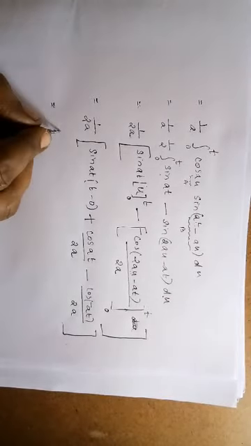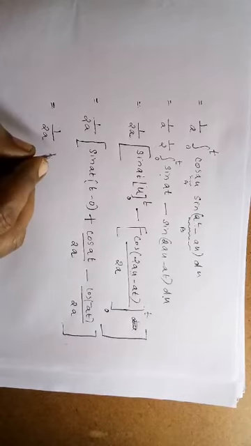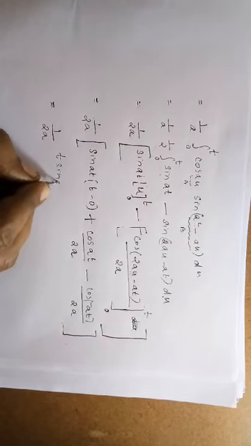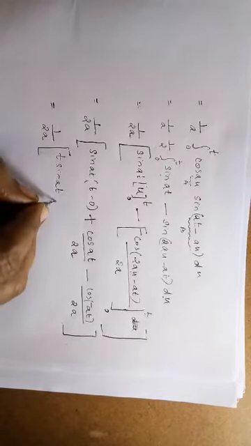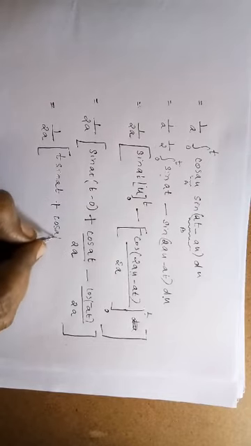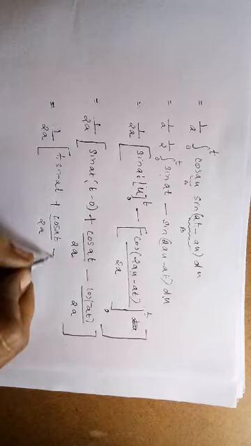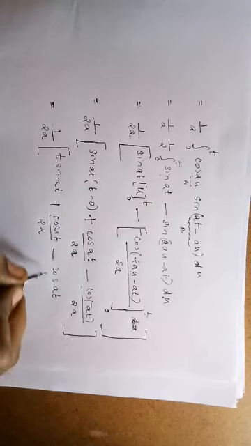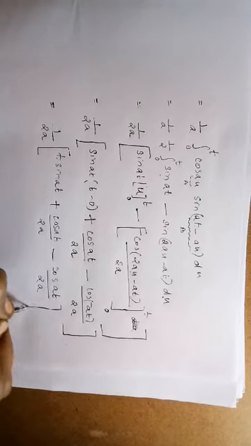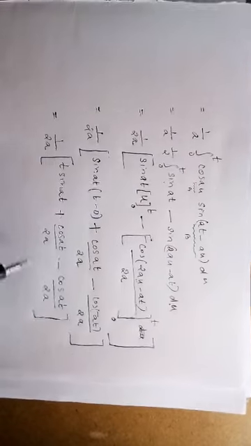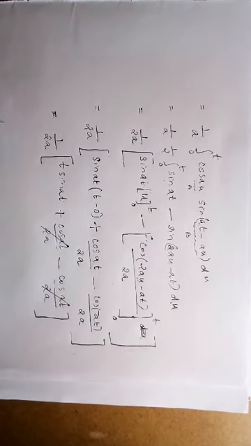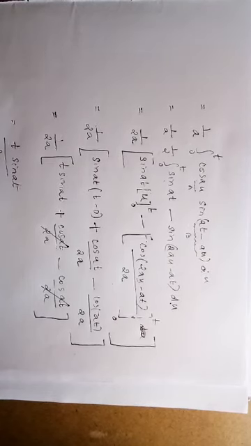That is 1 by 2a, t sin at plus cos at by 2a. Cos of minus theta is cos theta itself, so minus cos at by 2a. So these two terms will cancel, similar terms. So we get the answer as t sin at divided by 2a.